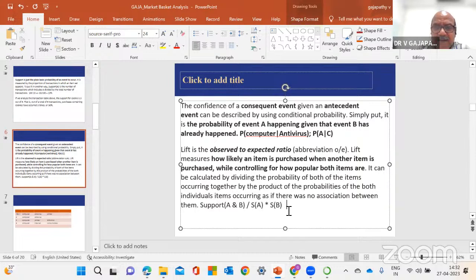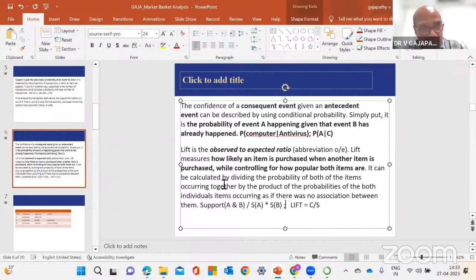This is one way. Now, another way you see here, I call it as lift equal to C by S. Now you give me, otherwise it will be very difficult for me.